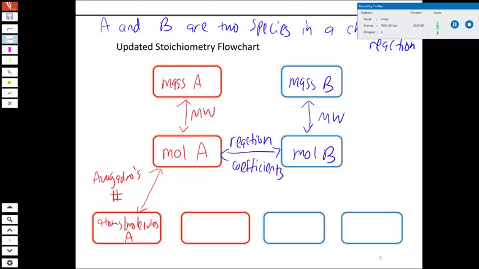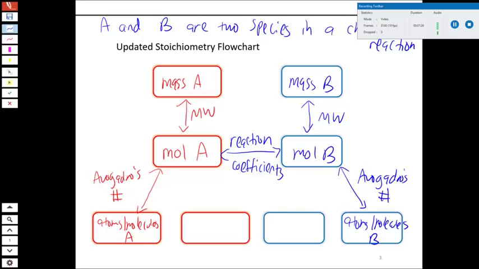So again, if we have a number of moles, we can convert into a number of atoms or molecules, depending if it's an element or a compound, or we can do vice versa. Same thing for the other substance B. We could sometimes see that with Avogadro's number there as well. So there's something else we saw occasionally, though not as common, is doing the mass to mole conversions.